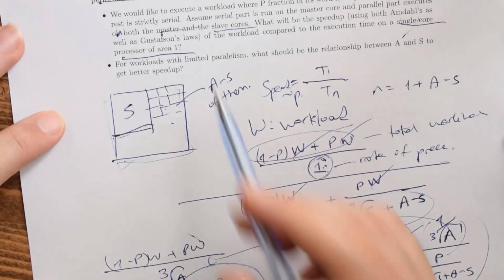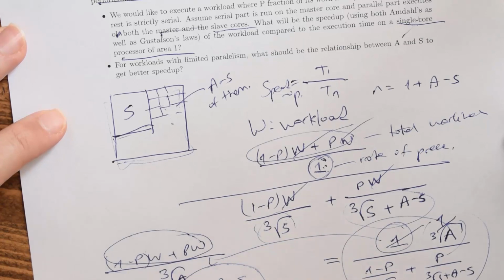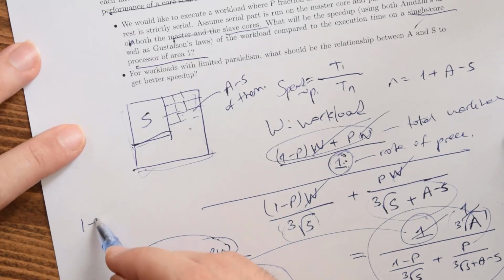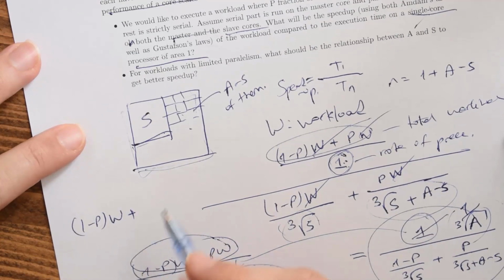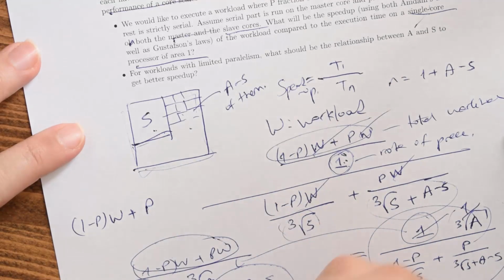Similarly, you can do the same thing with Gustafson's law. In that case, your workload would have to scale: (1 minus P)W plus P, but now scaled with the number of cores. Usually it's in terms of slave nodes, but you can also include the master.